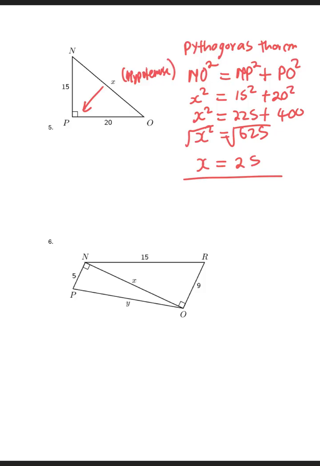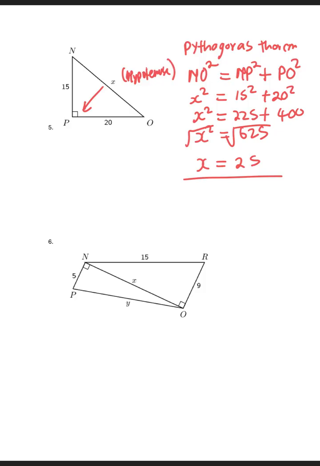And then the next problem, we want to find the value of x and y. The two triangles are not the same in terms of size. So we are basically going to prove that they are similar, right?